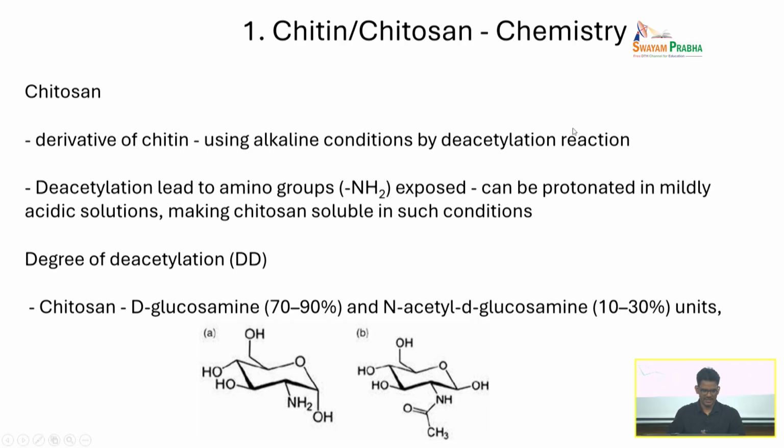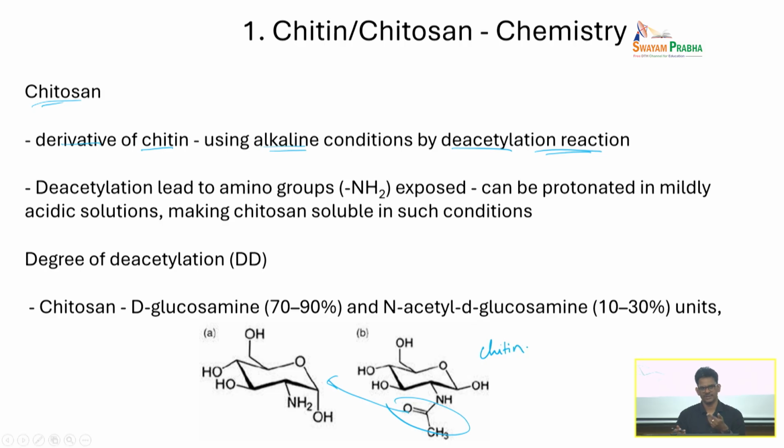Now if you come to chitosan, as I said before, it is basically a derivative of chitin. What we do is you take chitin and treat it with alkaline conditions so that you can do the deacetylation of the groups, and that basically goes from here to here. So this is chitin.